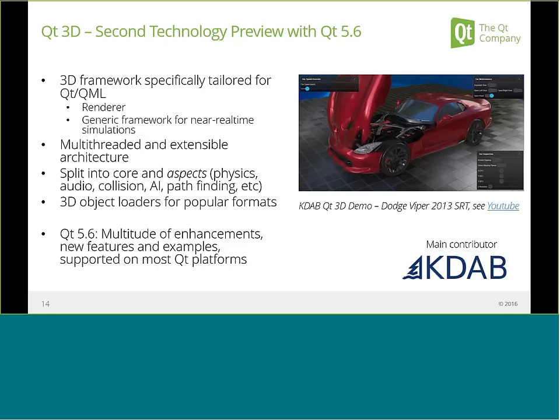So it's multi-threaded and it's fully extensible, and the Qt 3D module itself is split into 4 modules, but in practice it's split into core functionality and then so-called aspects. And those aspects can, for instance, be physics simulations, audio, collision detection, artificial intelligence, pathfinding, and so forth.